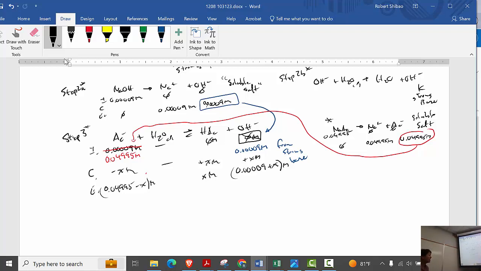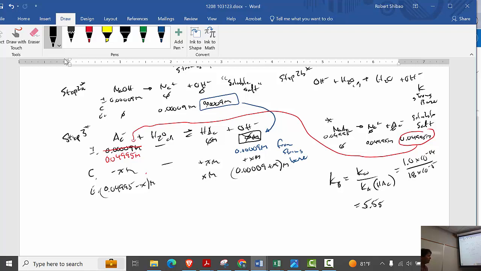The Kb for acetate is equal to Kw over the Ka for its conjugate acid, which would be acetic acid. And so this is 1.0 times 10 to the minus 14, that's our Kw. And then Ka for acetic acid is given as 1.8 times 10 to the minus 5. And Kb for acetate comes out to 5.55.